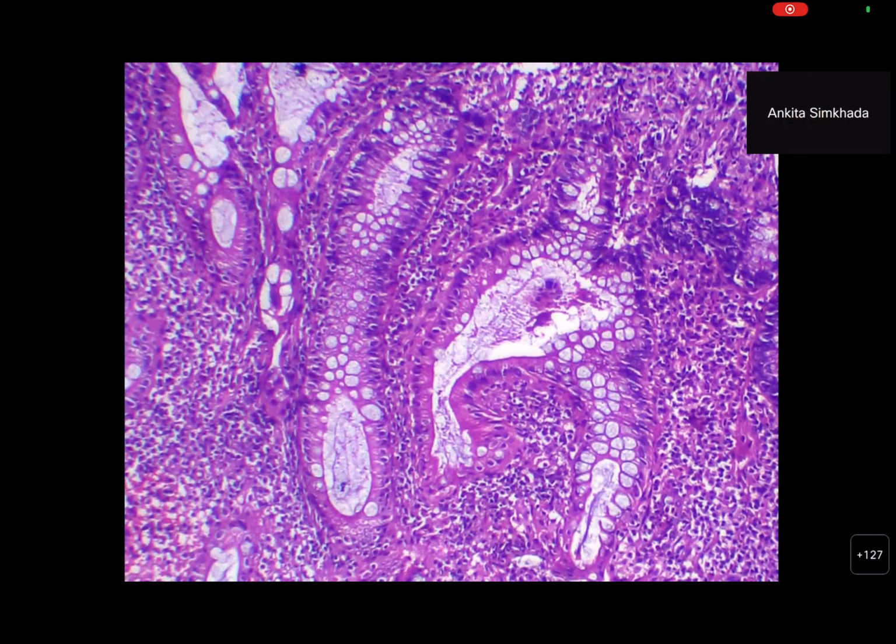When you see so much of chronicity, which is the likely diagnosis? Among the IBDs, the main ones are ulcerative colitis and Crohn's disease. So, which one is more likely? With chronicity, it is more likely to be ulcerative colitis. And besides, you don't find other features of Crohn's like granulomas, which of course need not always be there. But here, I would say that this is a case of ulcerative colitis. Would you agree?